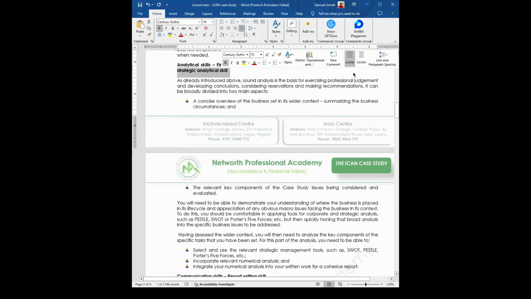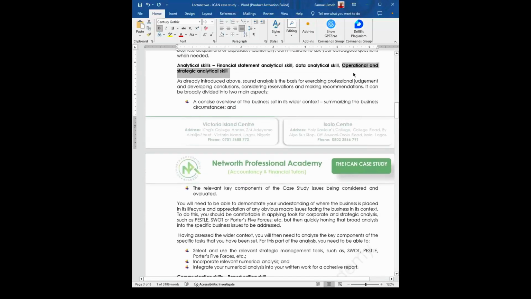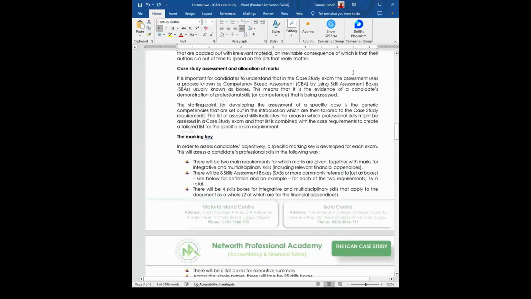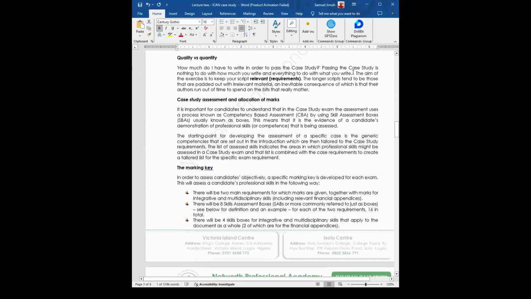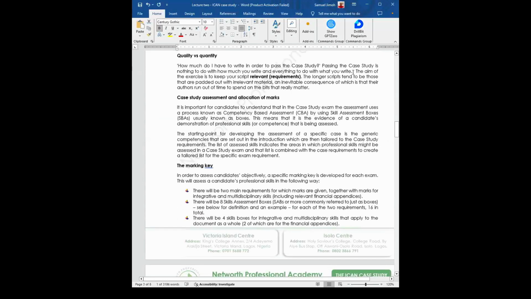Irrelevant. And there will be no marks awarded for those things that you have done there. Whatever you have done under that operational and strategic analysis, you will not get any mark for it. So the good thing is you should stay relevant no matter the quantity of what you write. Staying relevant with what you are asked to do is the key thing to pass the exam.